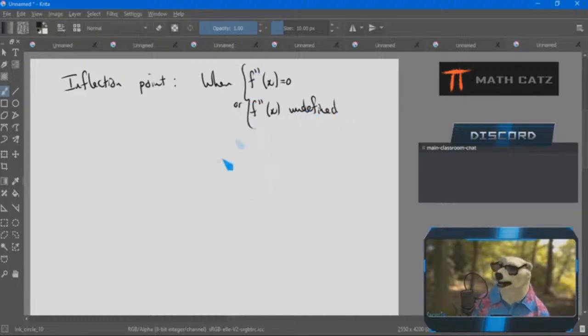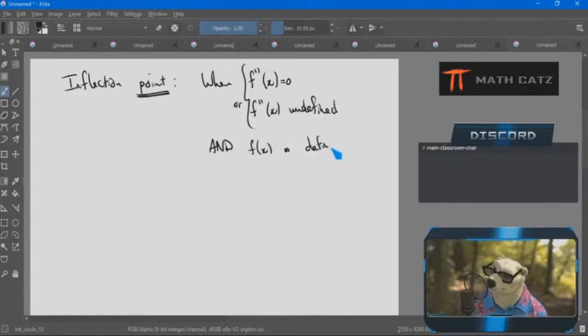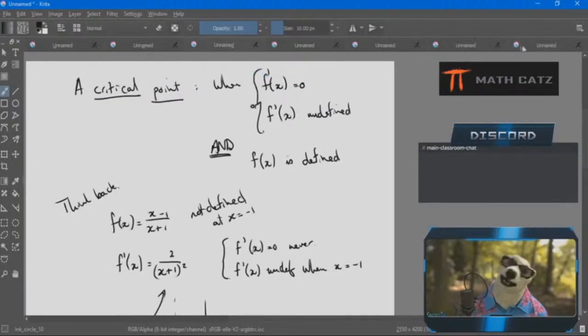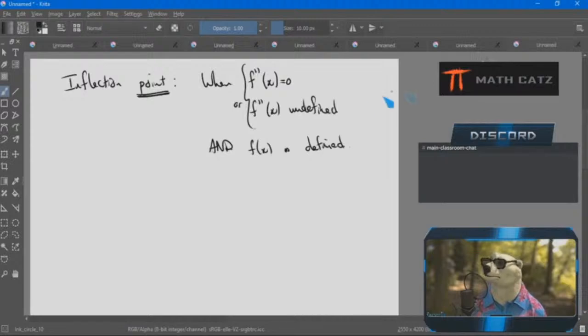So that's still my check, but now applied to the second derivative. And I have to have a point. So my function is defined there. There is a y value. There is a point. See, it's just like this one. But, of course, it can't be perfectly the same.